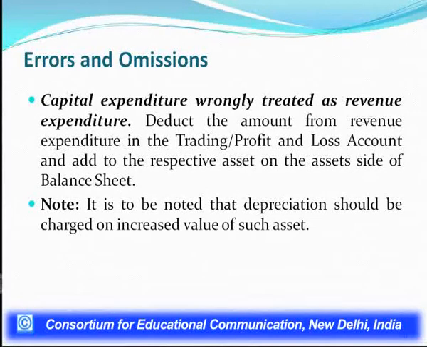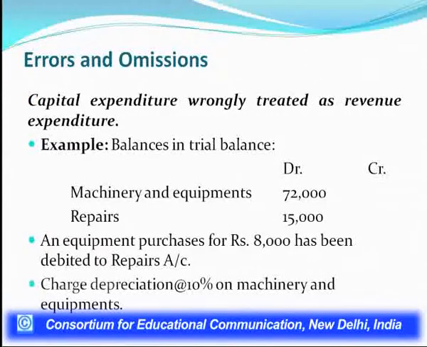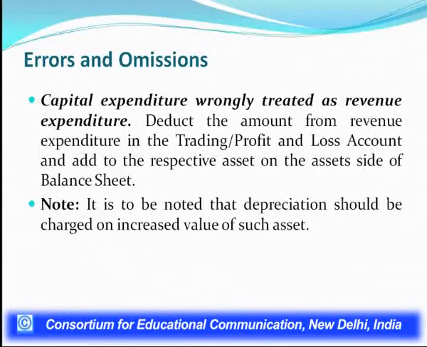Another example of errors and omissions is capital expenditure wrongly treated as revenue expenditure. So, in this case deduct the amount from revenue expenditure in the trading account or profit and loss account and add it to the respective asset on the asset side of the balance sheet. As it is affecting the asset value, we should also keep it in mind while calculating depreciation.